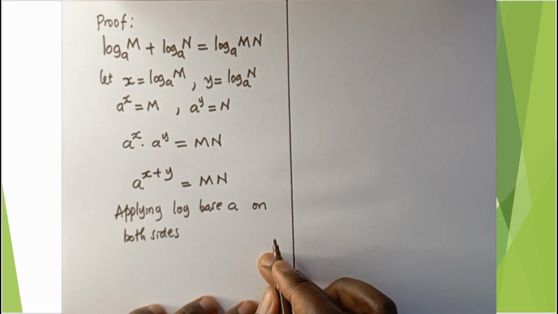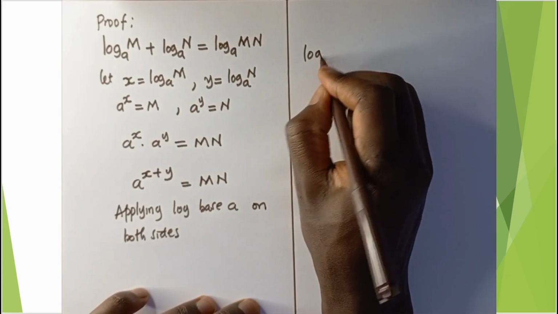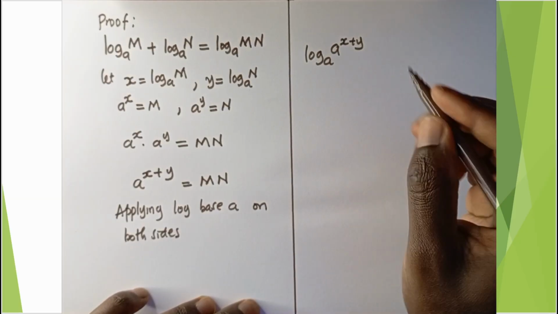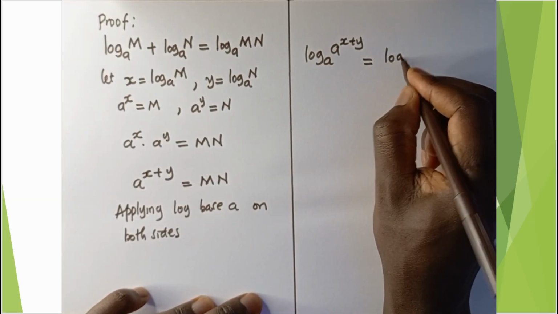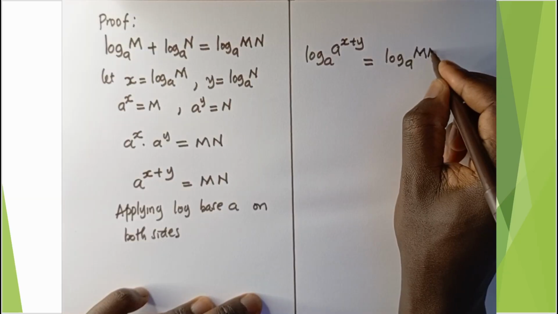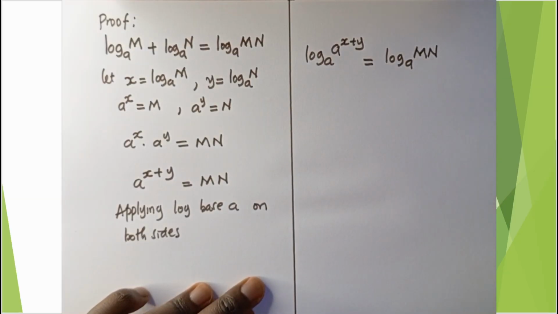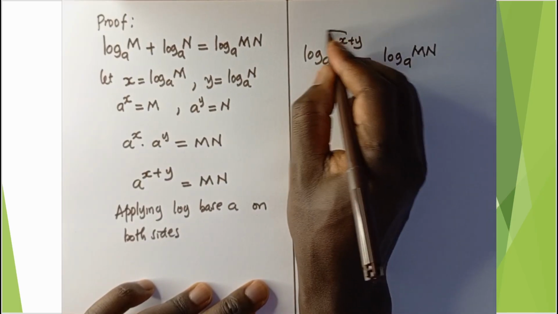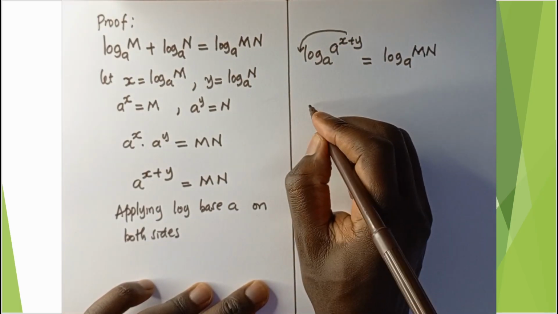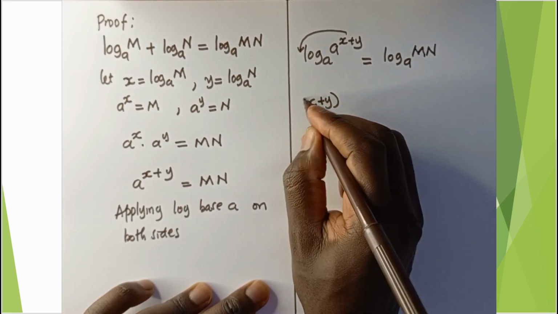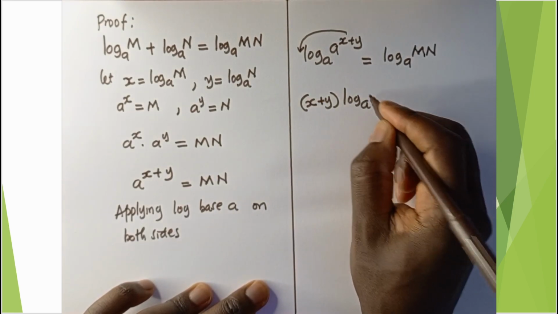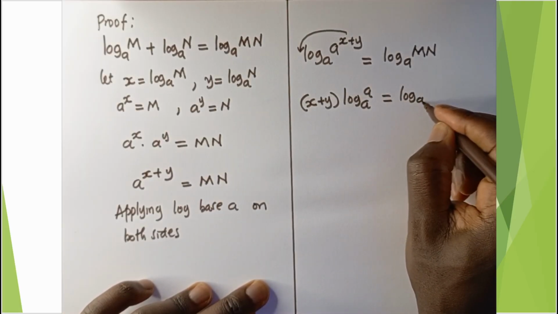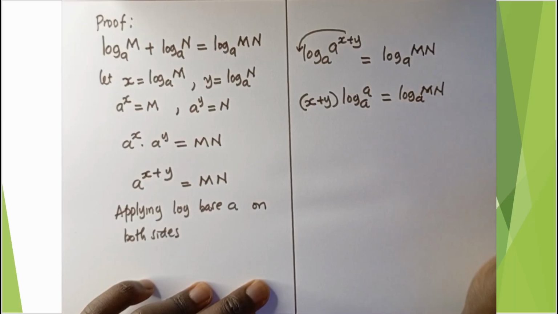When you apply it on both sides, we shall have log base a of a to power x plus y is equal to log base a of mn. Now this power drops here, so we shall have x plus y times log base a of a is equivalent to log base a of mn.